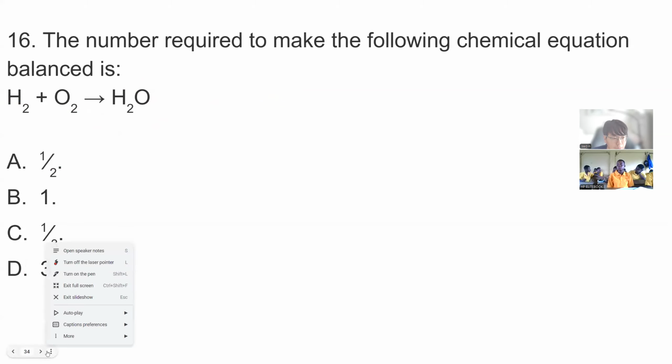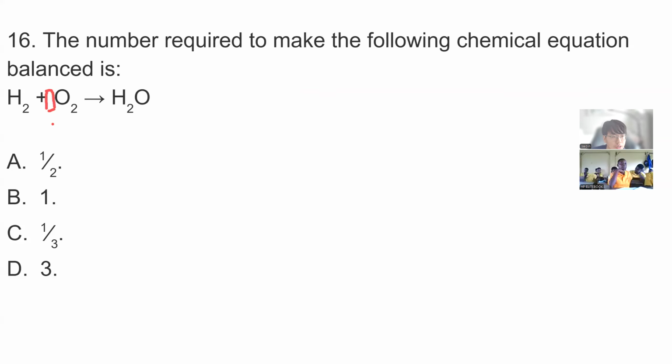I will give you a hint for this one. What will need to be multiplied here next to oxygen? What is the number here to balance this chemical equation?